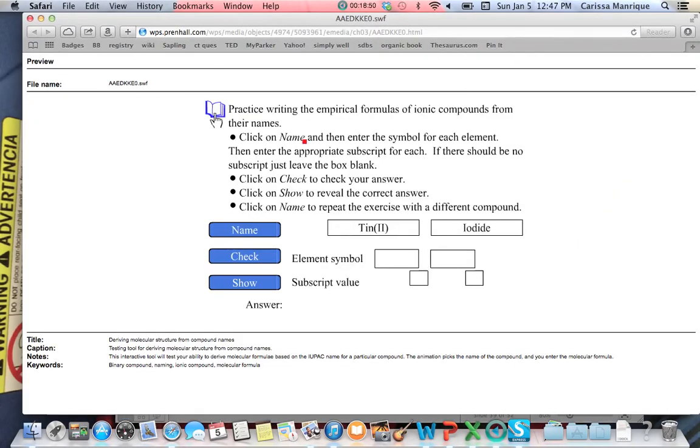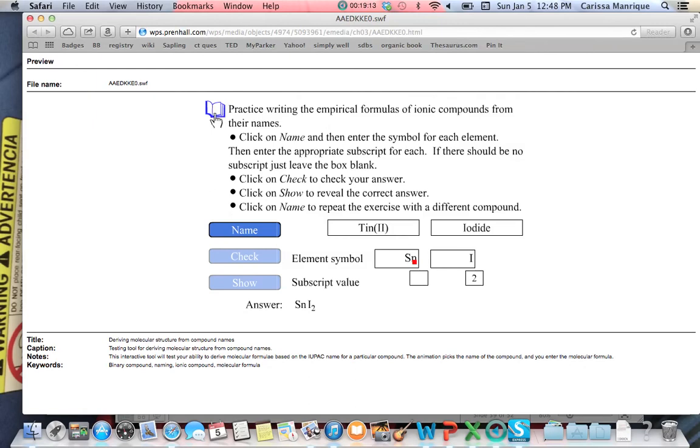And this is what it gets you to. And all you have to do is practice. And it's going to have a mix of main group and transition metals. And here it is. You can check. Write something. Obviously that's not right. And then show. So I did it wrong, right?